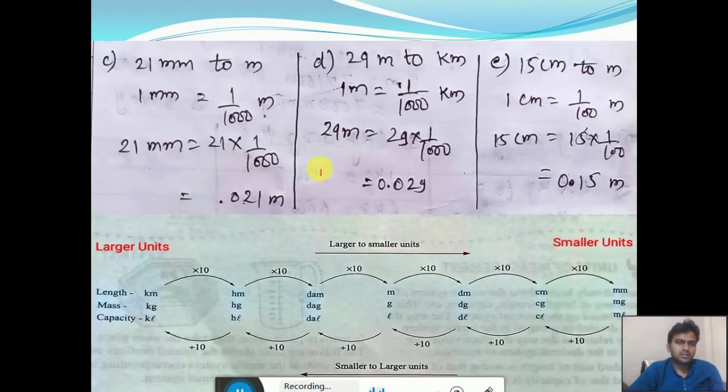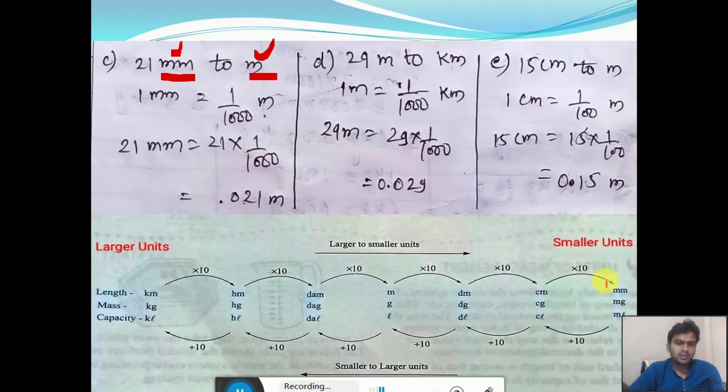Now these questions are different because here millimeter and here meter is written. Now just think, this unit millimeter is smaller than the meter. So now this question is based on changing the smaller unit into the bigger unit. Now how to change? If you remember this diagram, millimeter is changed to the meter.